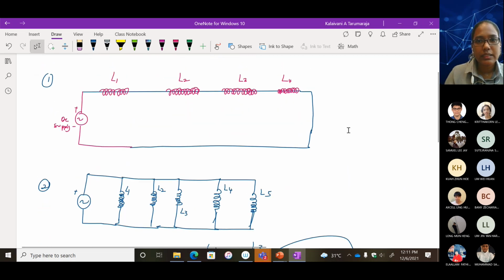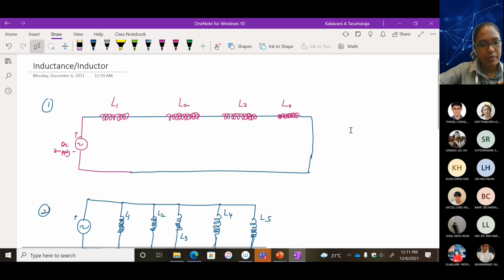Now I just want to ask a few questions here. What is the definition when Miss asks you about inductance? Can anyone give me either a key point or a definition in one sentence? What is an inductor? What is inductance? Key point is also okay.